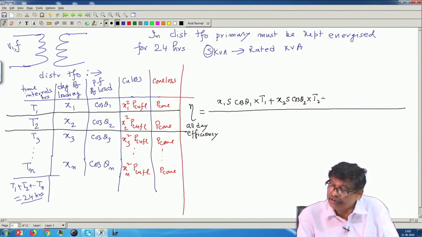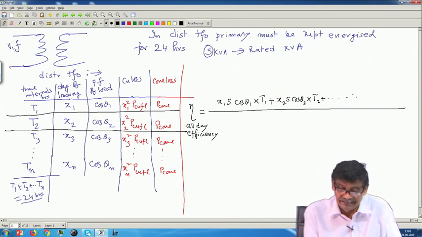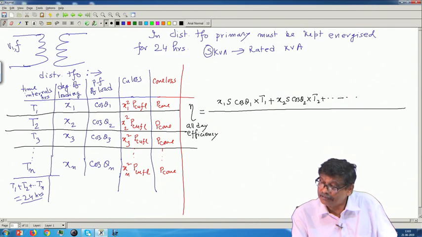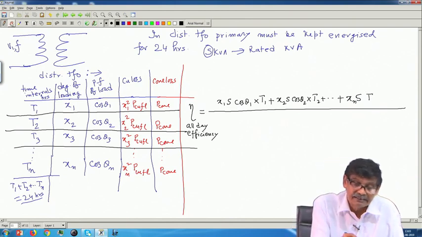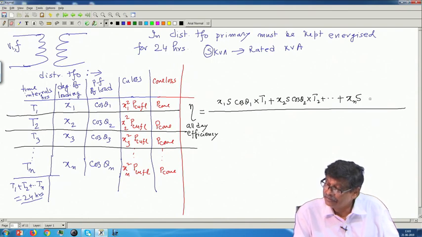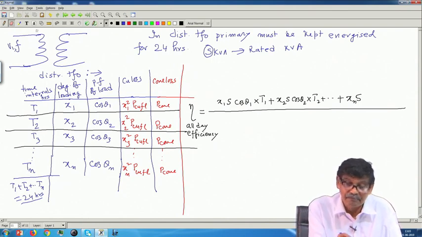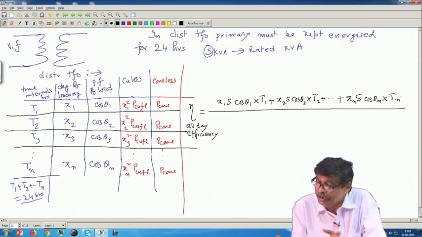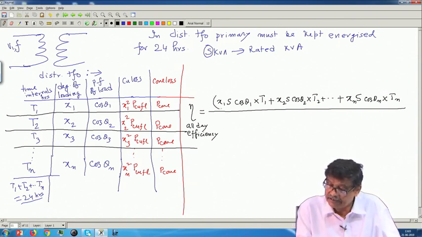In this way, you go on adding, x 3, and finally you add x n S cosine theta n into T n. So, over 24 hours, this is the energy output.